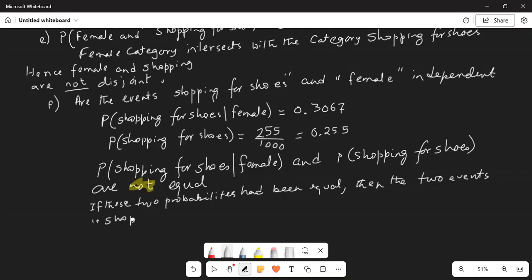Shopping for shoes and female would have been independent. What does it mean? That means the probability of shopping for shoes would not have been influenced by the gender of the person, okay? Would have been independent.